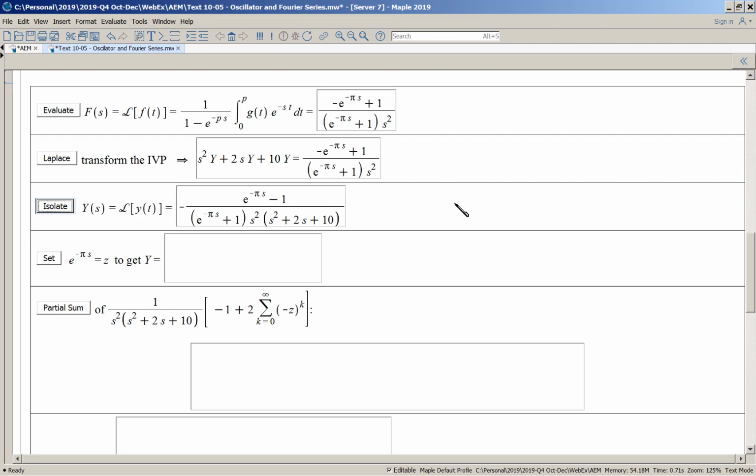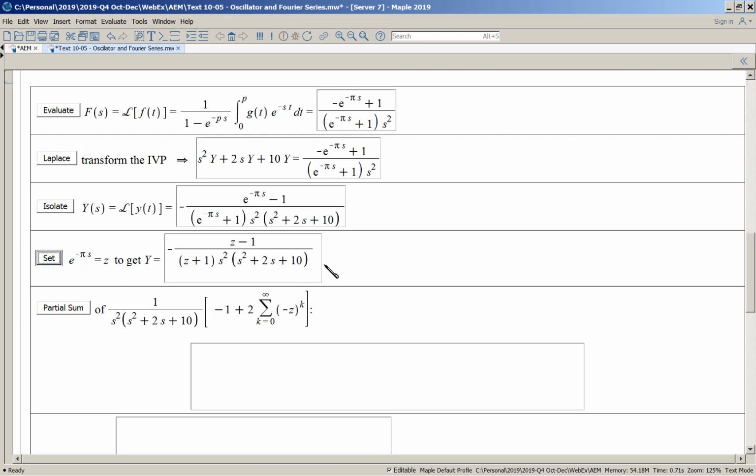So the technique is replace this exponential with a letter like z, and basically do a series expansion in z and transform termwise.